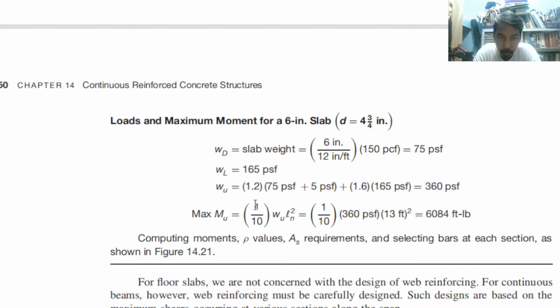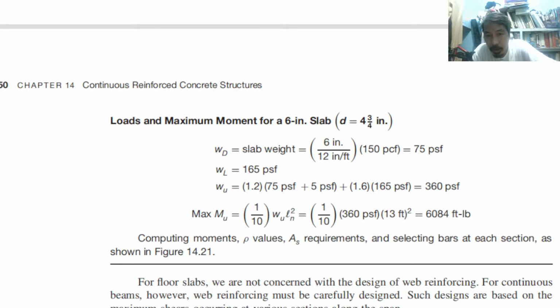So we have 1/10 WL squared. 1/10 is our coefficient. 360 is our calculated load times 13 squared. So take note, LN here. LN, clear distance. So 13, not 14.